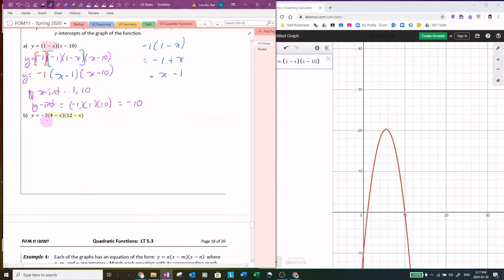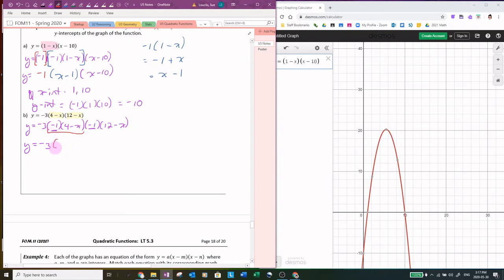So this time I'm going to write it as y = -3 times -1 times (4 - x) times -1 times (12 - x). The only thing I'm doing different is I'm not writing my -1s right beside each other. I'm just spreading them out to where I need to use them. My -3 is going to stay the same because my two -1s are being used up elsewhere in the equation.